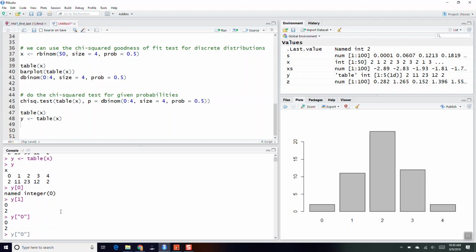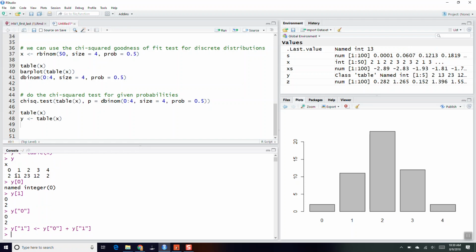All right, into the one that is named 1, we're going to add up the one that's named 0 and the one that's named 1. I have to put these things in quotes. And then into the box that's named 3, I have to put the value for the box named 3 and the value for the box named 4.